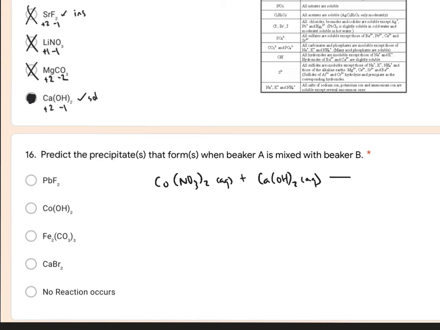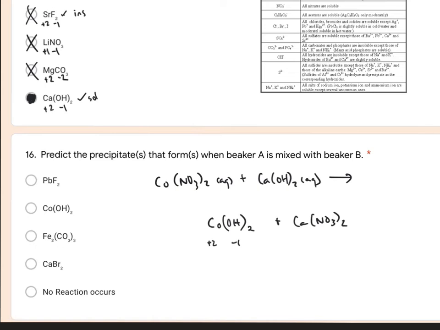So my two possible products here are, we could have Co, which again has a +2 charge, mixed with hydroxide, which has a -1 charge, so that compound's formula is Co(OH)2, and then plus, the other option here is calcium mixed with the nitrate, Ca, which has a +2 charge, and nitrate, which has a -1 charge. So those are my two options.